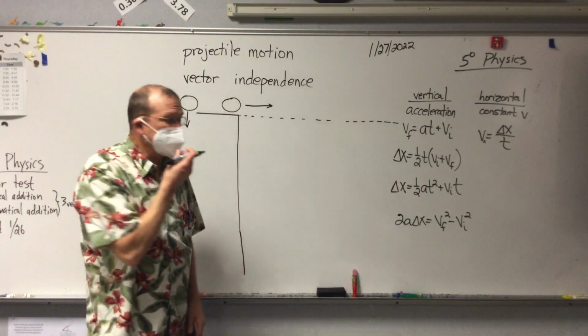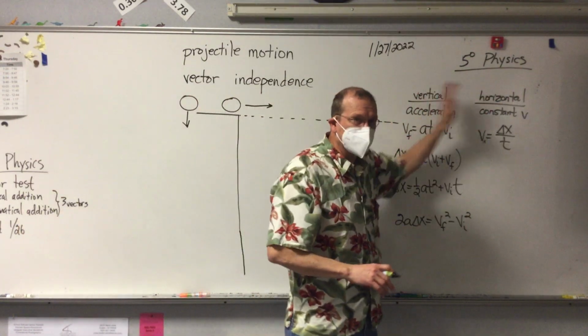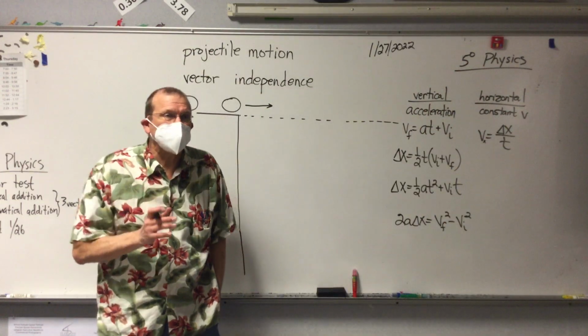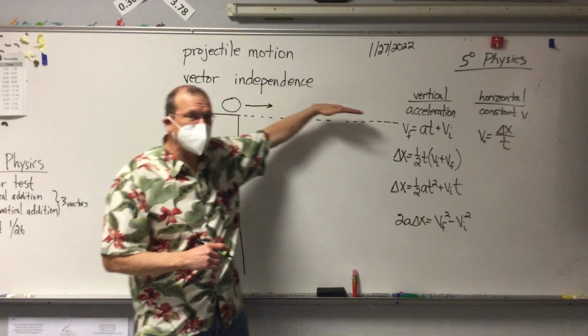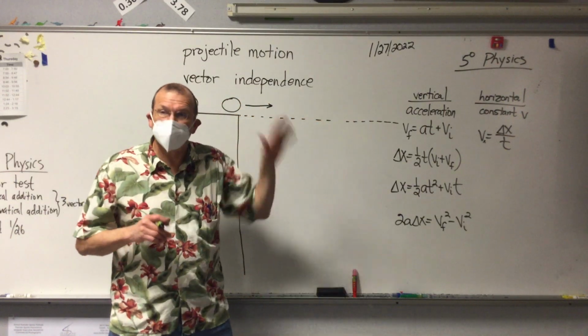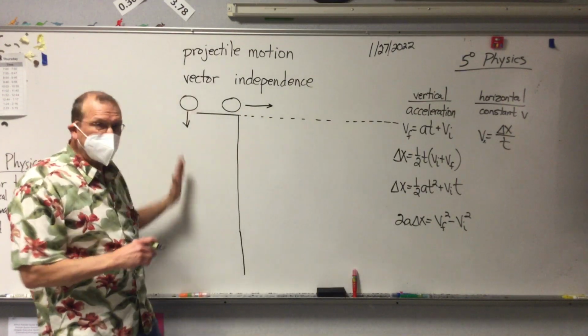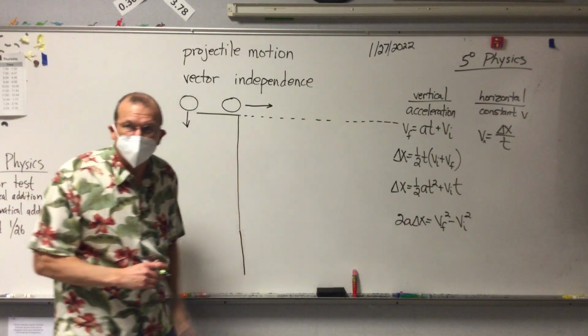Now, when we initially played around with these, we limited ourselves by saying we are only going to deal with a one-dimensional problem. And that meant if an object was moving side to side, it was not allowed to go up and down. Or if it was moving up or down, it was not allowed to move side to side.